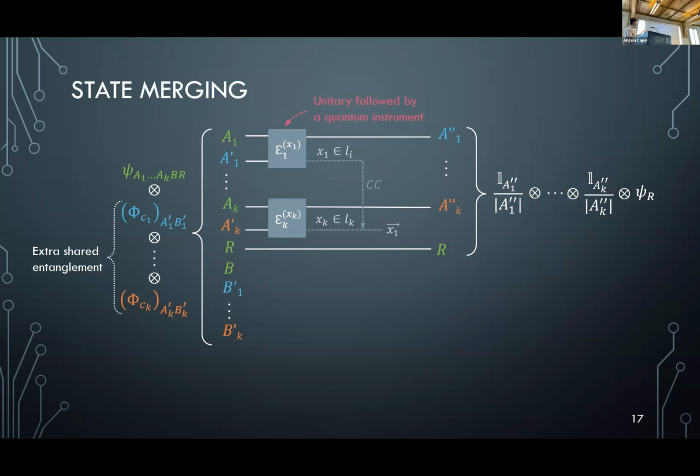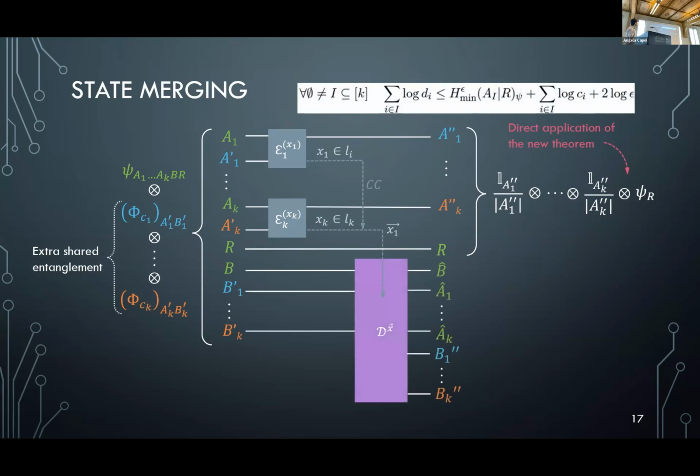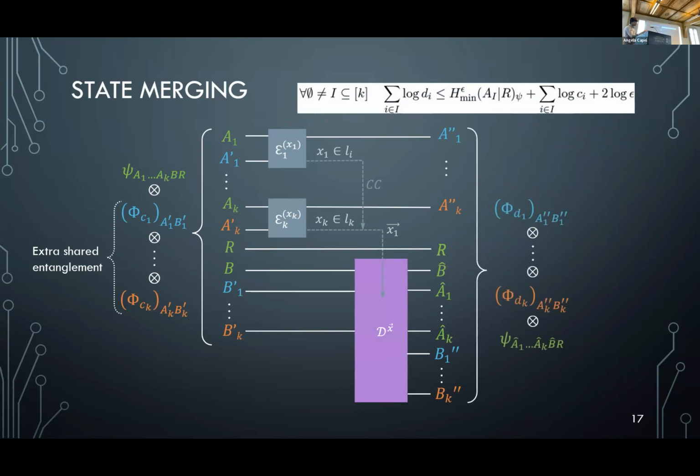And we can find with our theorem the conditions under which this can be done, which is the one you can see outside. The thing now is that we can prove that by broadcasting classically the results of each of these quantum instruments, and with this condition of the maximally mixed state on the Alice system, we can define the decoding function that will end up giving us in the end this leftover entanglement between all the Alices and Bob, and the input system, something that is close to this initial pure system that we have.